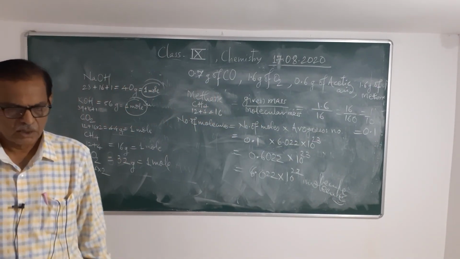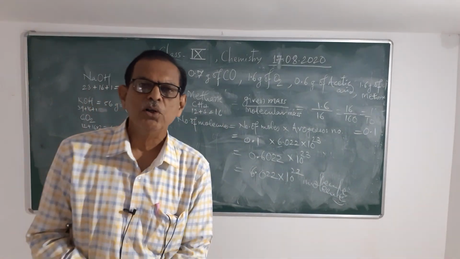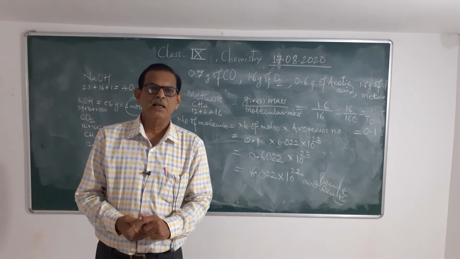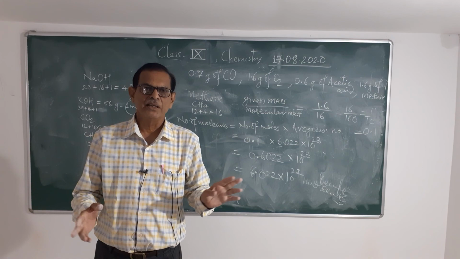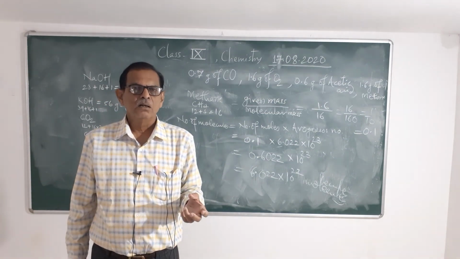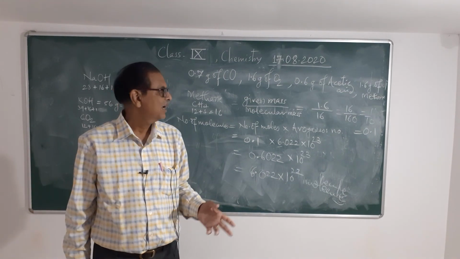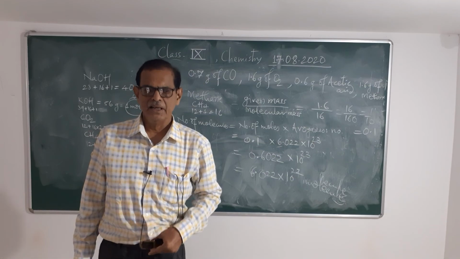So this is all about the mole, the various definitions of mole regarding the number of particles and how to solve the numericals. Again, in tomorrow's period, I will take 4 or 5 numericals and we will finish this mole concept. Clear? Okay.